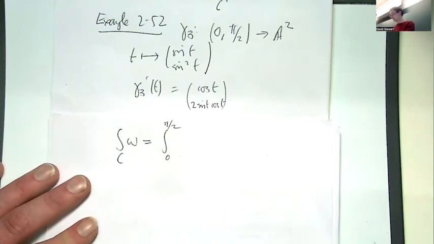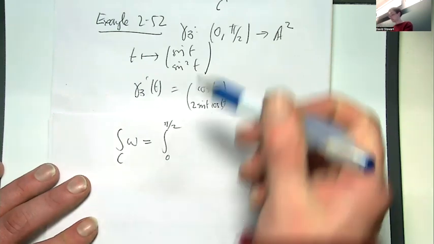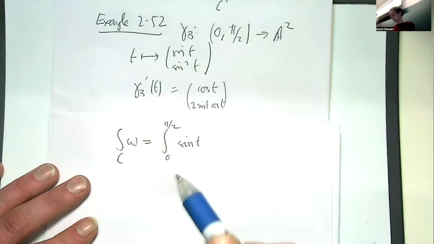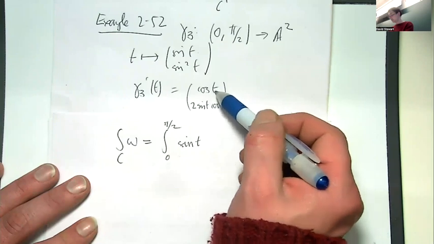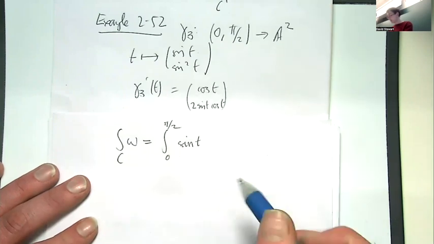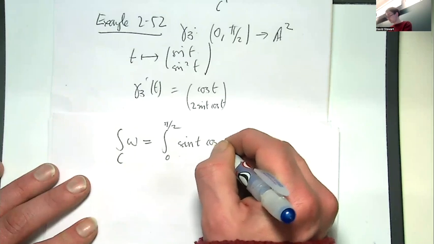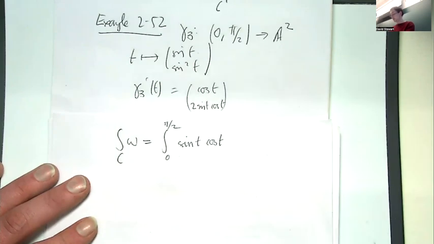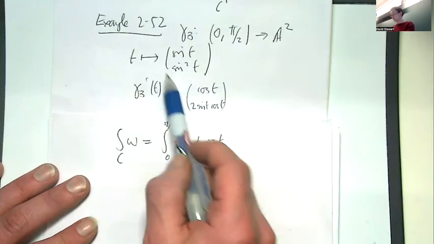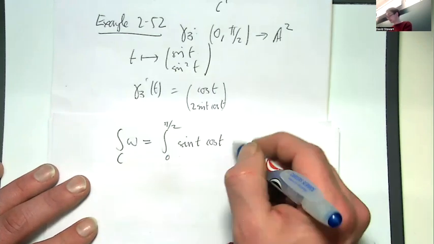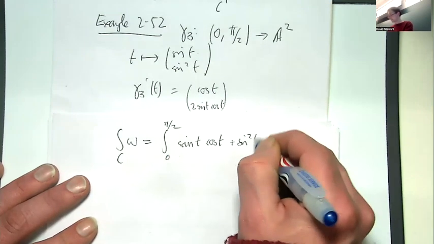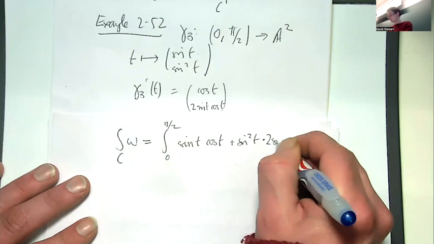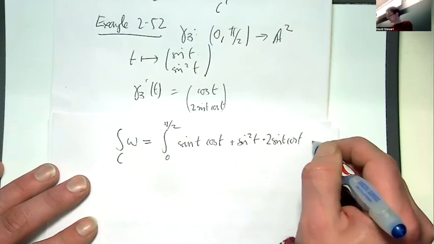The one form is x dx, so that's sine t, applied to the derivative here, cos t. And then the coefficient of dy was just y again, so that's sine squared t, and the derivative here is 2 sine t cos t.